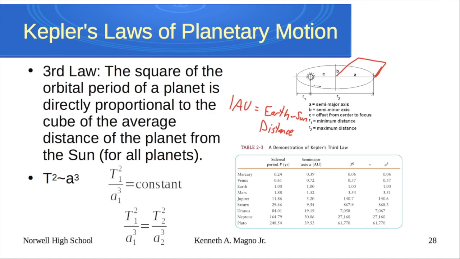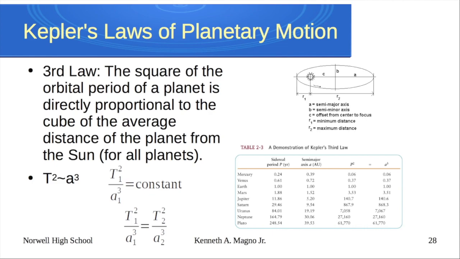So 1 year for us going around the Sun is 1 year for Earth, and the Earth-Sun distance is 1 astronomical unit. But he figured out this relationship that the period squared, T squared, was approximately the same number as that semi-major axis cubed, right? And that's what this little chart shows. It's a bunch of period squared and semi-major axes cubed.